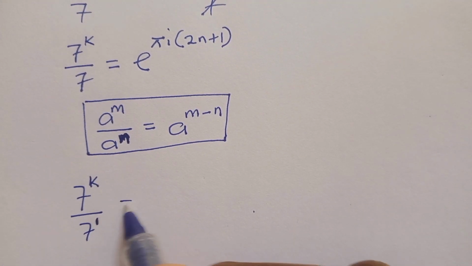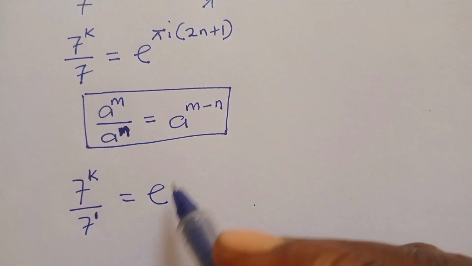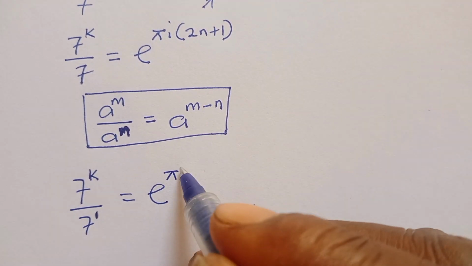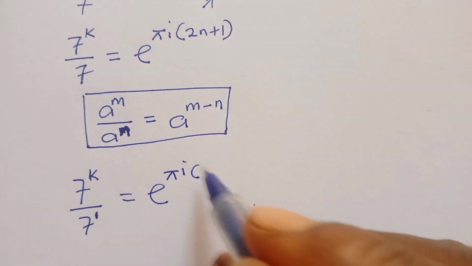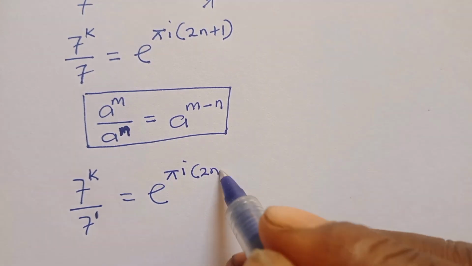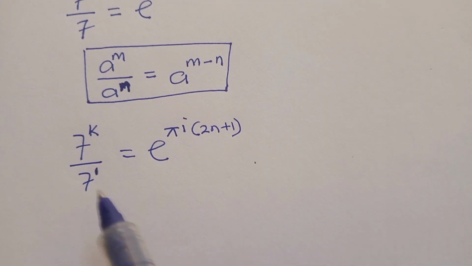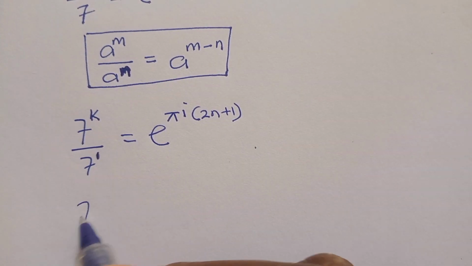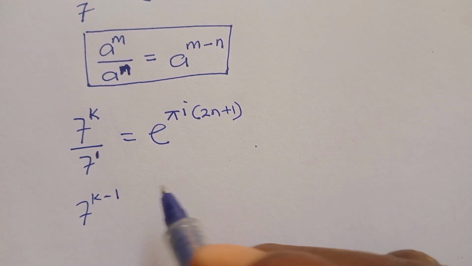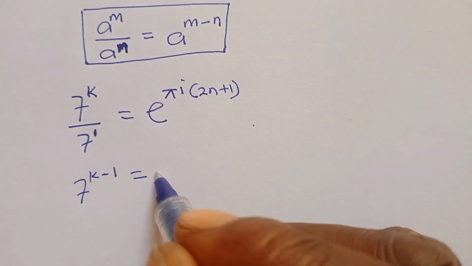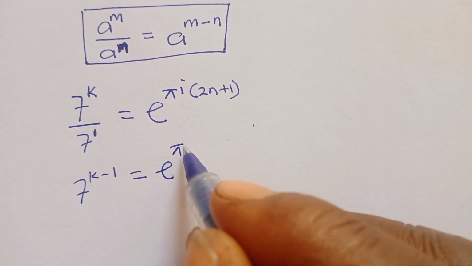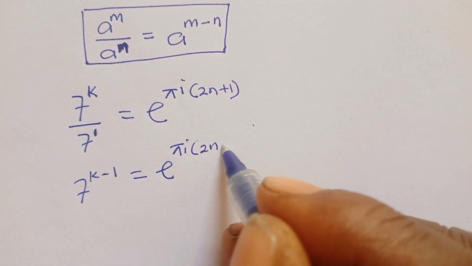Don't forget, this 7 is to the power of 1. The right hand side gives us e to the power of pi i, bracket 2n plus 1, and applying that to our left hand side, we have 7 to the power of k minus 1.